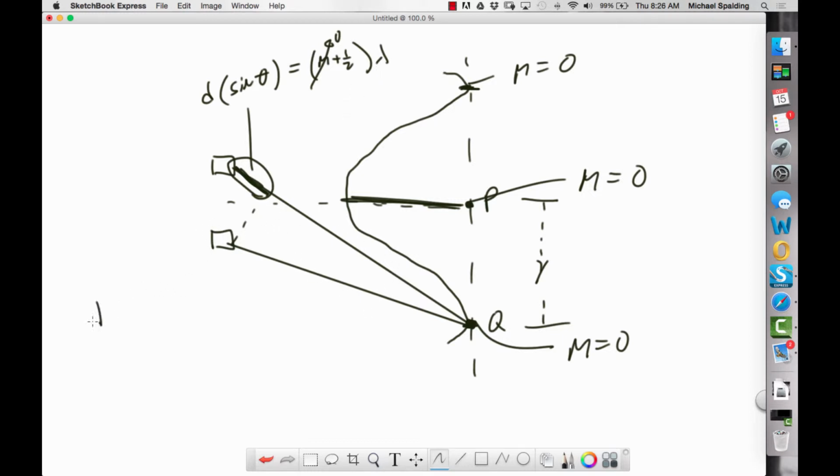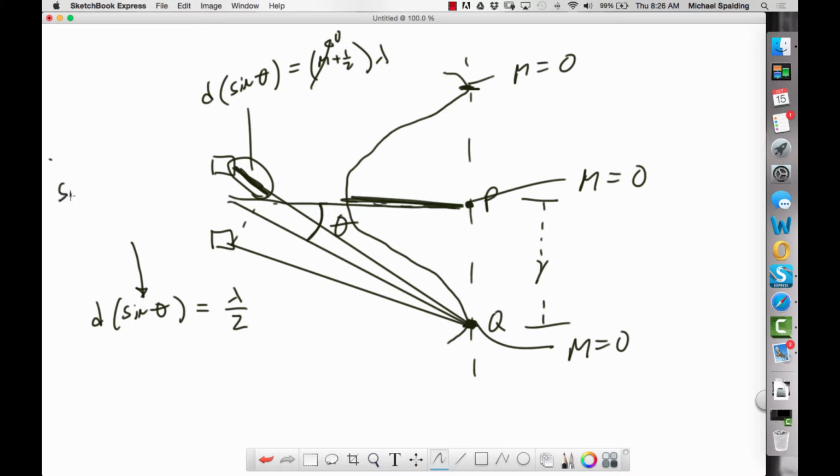So d sine theta equals wavelength over 2. But now what can we plug in for sine theta? If it's a small angle, theta is also from the midpoint between the speakers down to there. Theta is also this right here.